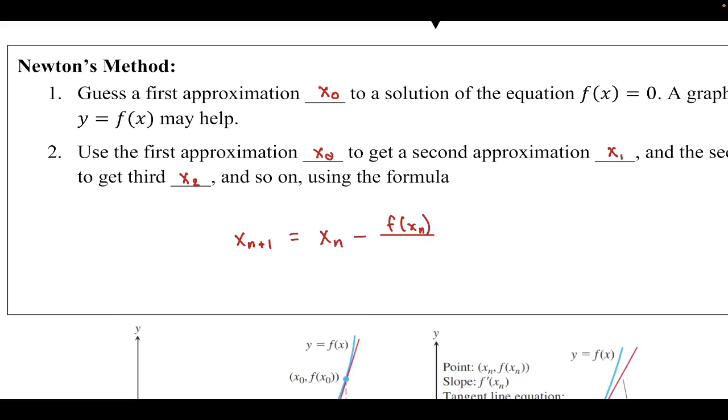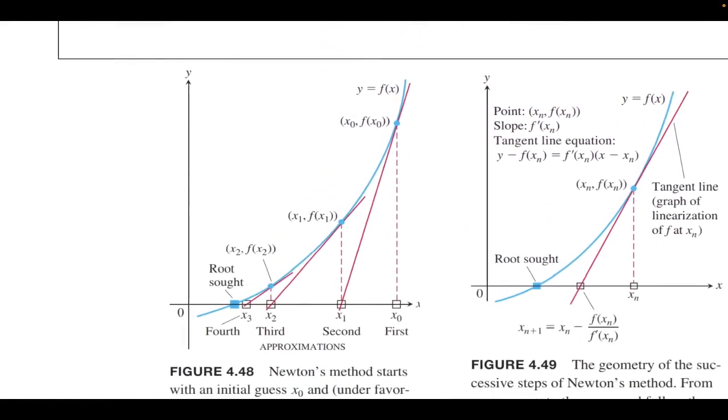So again, we take our approximation, plug it into the actual function, and then divide by plugging that approximation into the derivative. So this formula feels a little arbitrary, but let's go ahead and see what it does and just have a brief conversation about where it comes from down here below.